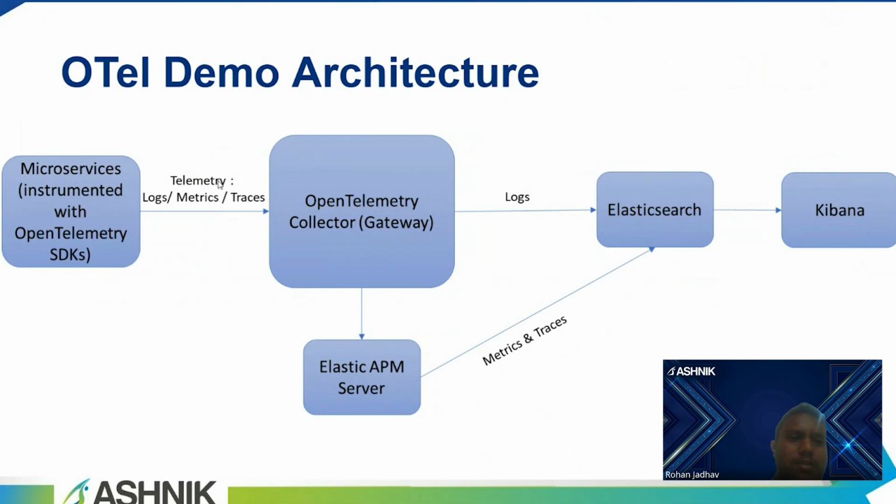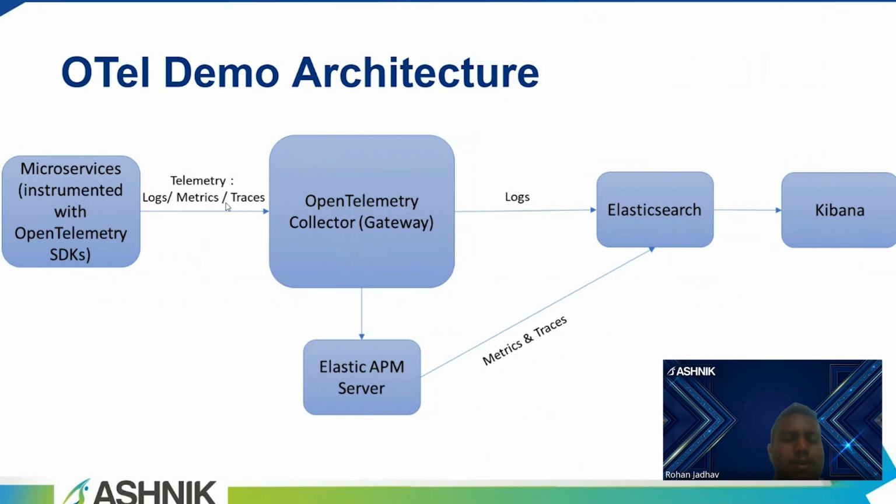Over here you can see the application which is running in Docker, which has different types of microservices running. We have instrumented this with OpenTelemetry SDKs, which are auto-instrumented, and which give us the logs, metrics, and traces, which are sent to the OpenTelemetry collector. In the receiver section, we are collecting through the OTLP protocol. Then we are sending this OTLP data.